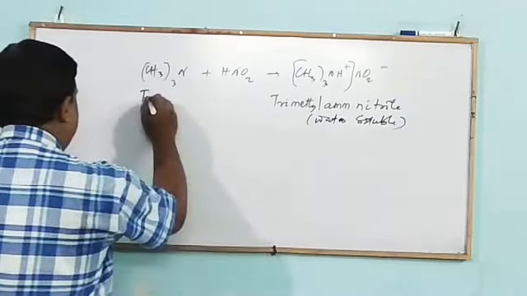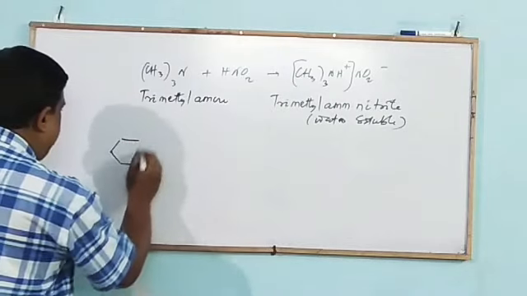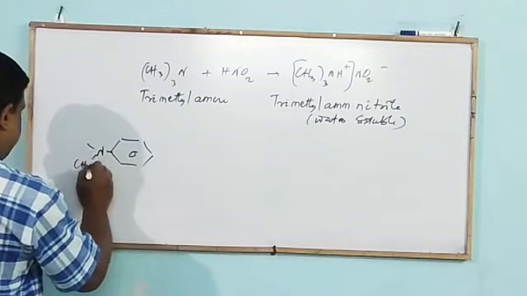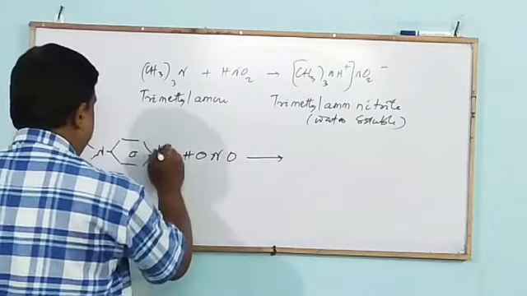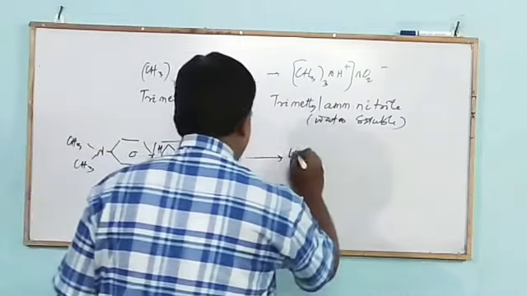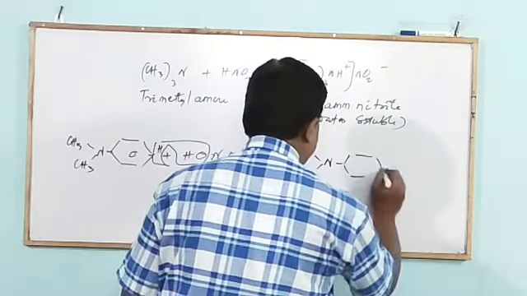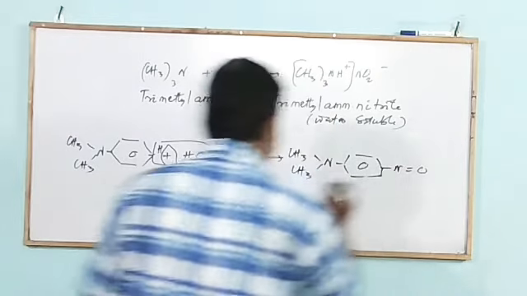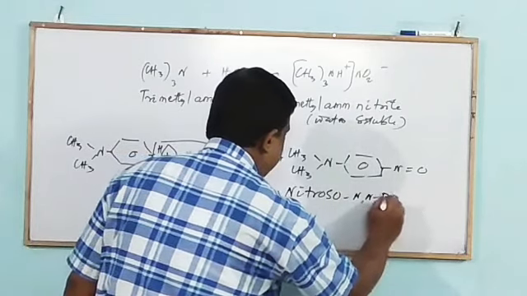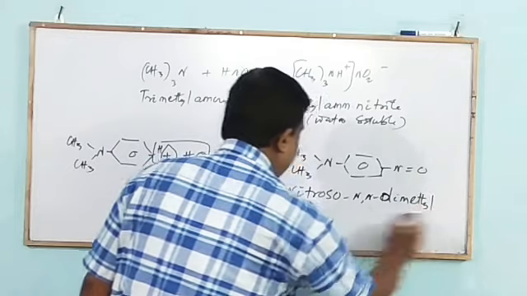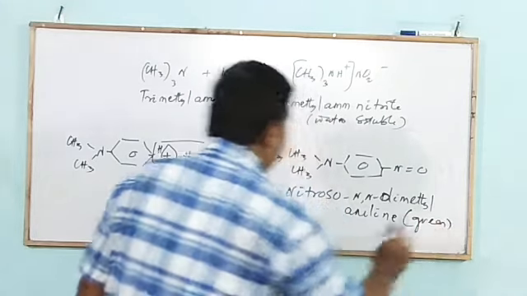While an aromatic amine reacts with nitrous acid and water to form a green colored water insoluble compound, that is p-nitroso N,N-dimethylaniline. This is the green colored water insoluble compound.